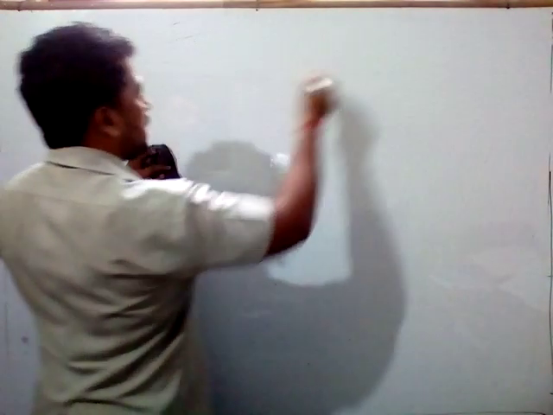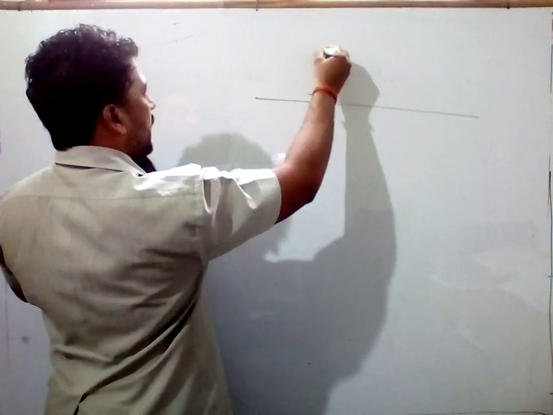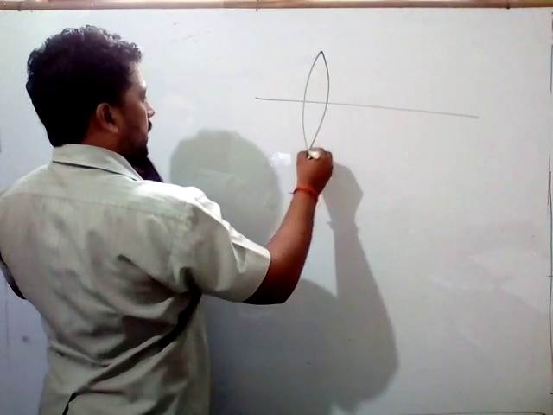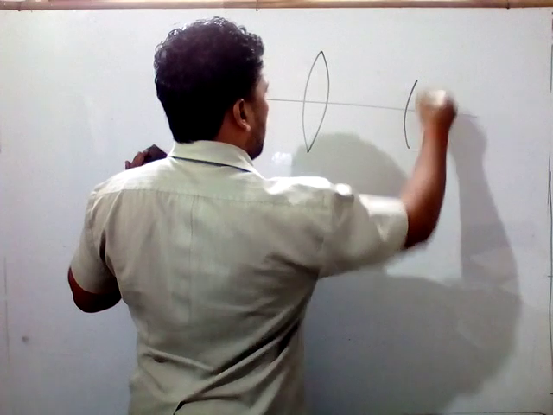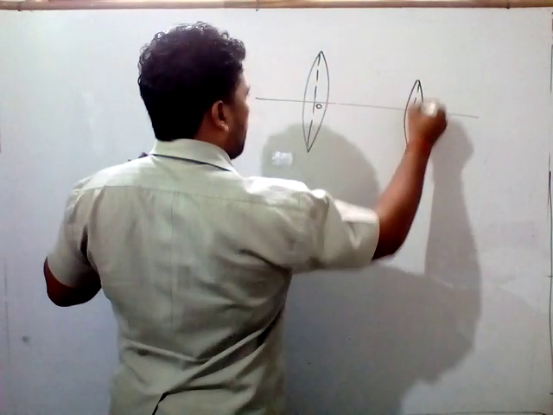So here is the combination of two lenses for the telescope. One is the objective lens and another is the eyepiece lens.